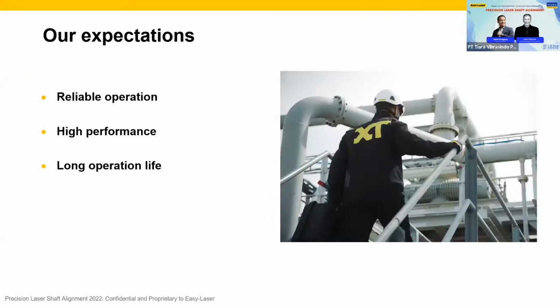Our general expectation of certain assets of the equipment is reliable operation. We expect our rotating equipment to deliver its intended purpose or service without failure. We expect a high performance so that the equipment is performing as it is designed. And we expect a long operating lifetime.